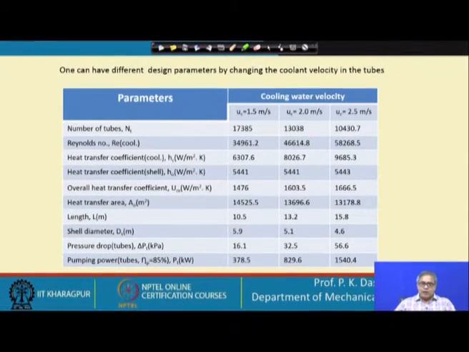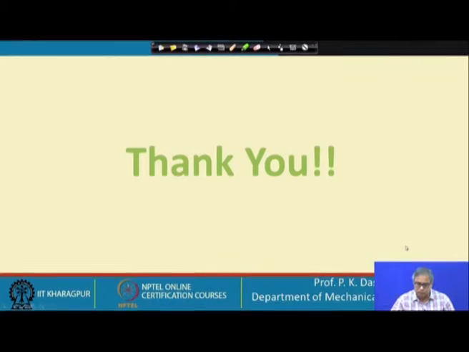Now, this is of course the last slide, but let us discuss what design features we have got, and then what is left. Quite a few things are left. The heat exchanger design is not complete.